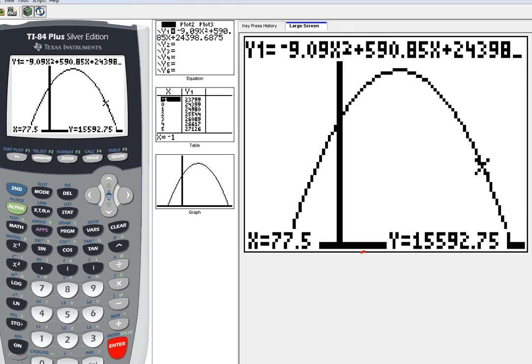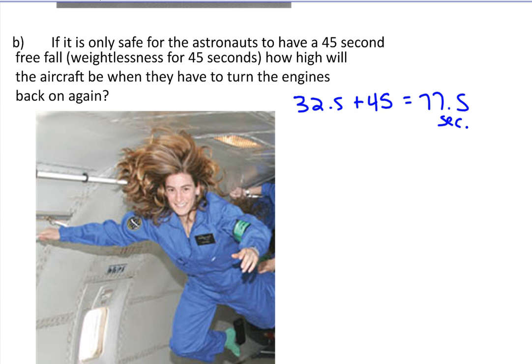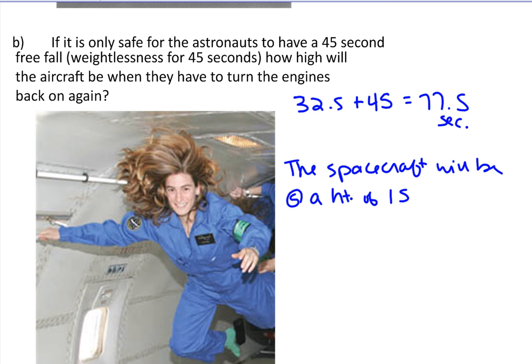So, if I go back here, I would say the spacecraft will be at a height of 15,592.75 feet when the engines get turned back on.